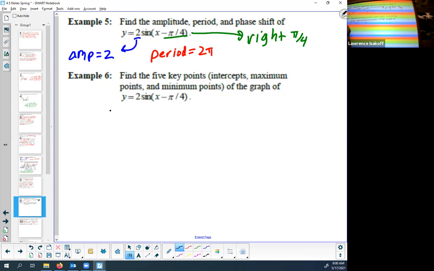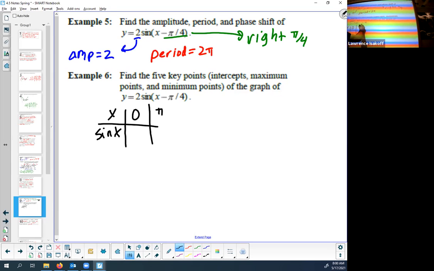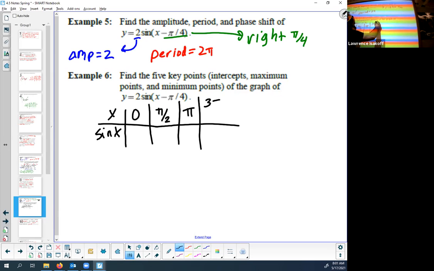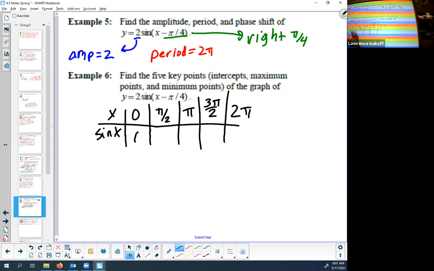So again, my default for sine, I did x sine of x, that's going to be 0, pi over 2, pi, 3 pi over 2, 2 pi, 0, 1, 0, -1, back to 0.